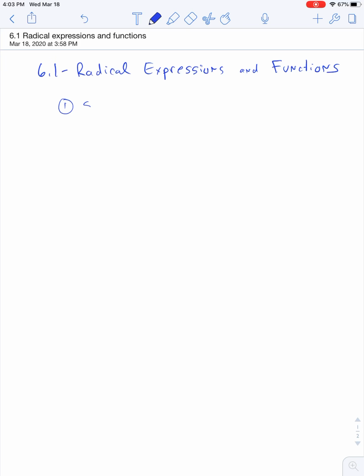We start off our conversation by looking at square roots, and just really understanding that a square root is the opposite of squaring a number.